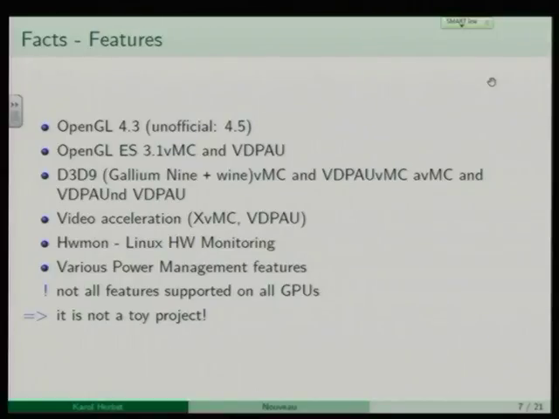The reason why we can't declare 4.5 is that there's a conformance test suite from Khronos, and there's some trademark stuff behind it. So if we exposed 4.5, there's a chance that we could get sued due to trademark issues. So we don't do this, just to be on the safe side.